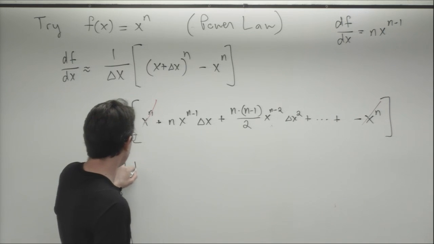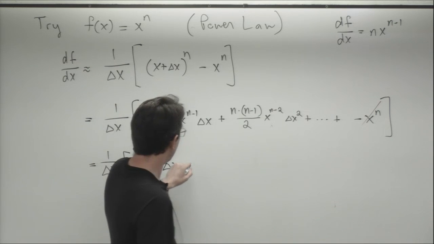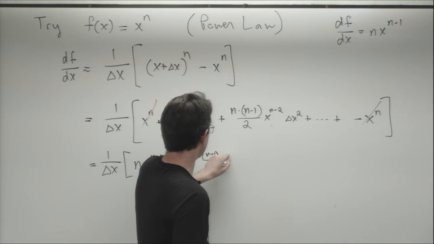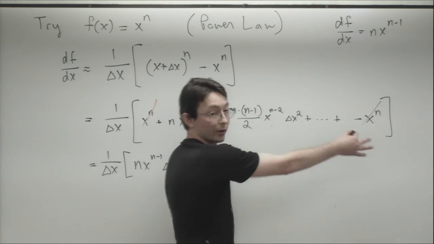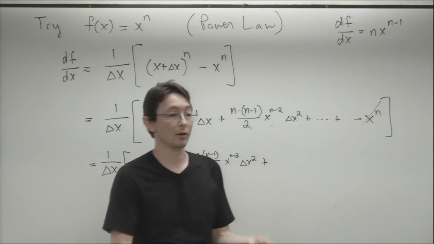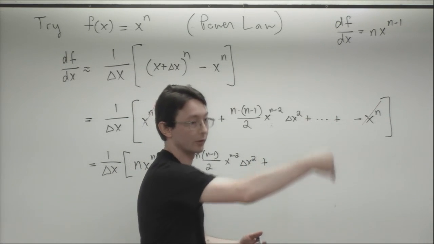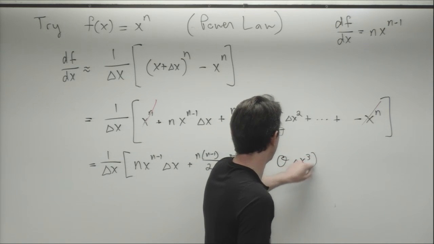So that's n x^(n-1) delta x plus n(n-1)/2 x^(n-2) delta x squared plus, and I don't want to write all this other stuff down, so I'm going to say everything else is on the order of delta x cubed. So delta x cubed, delta x to the 4th, to the 5th, and so on. So it's on the order of delta x cubed and higher.